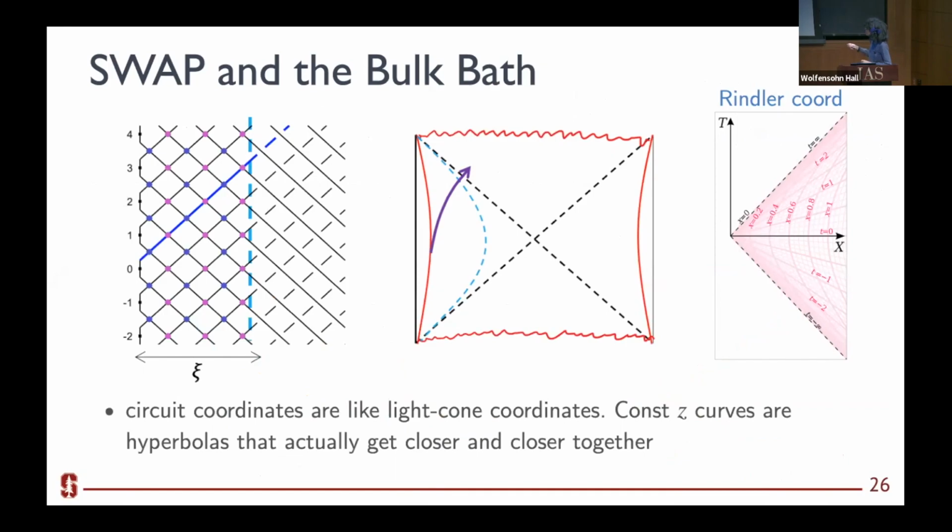And you can think of this as a stretched version of the horizon that you get in the Penrose diagram. So this vertical line actually corresponds to a hyperbola, and the spacing in the z direction gets infinitely closer as you probe deeper into the bulk. And we're going to be able to make more precise statements about the geometry later on.